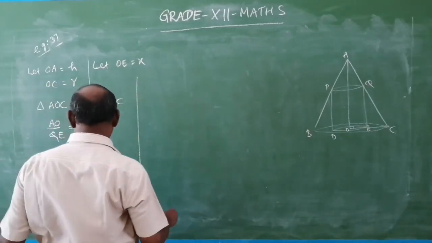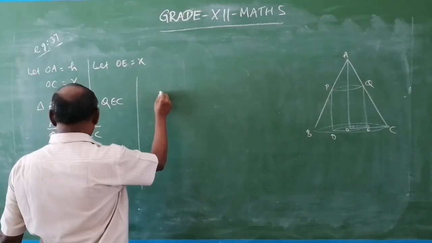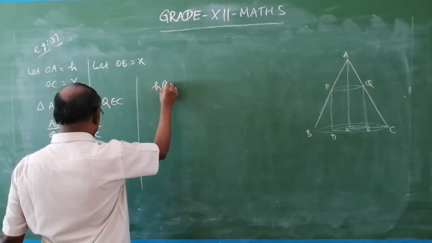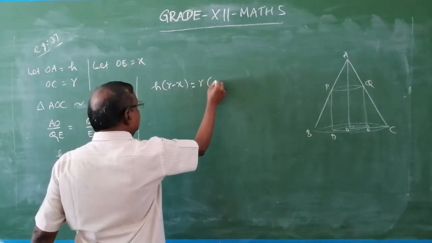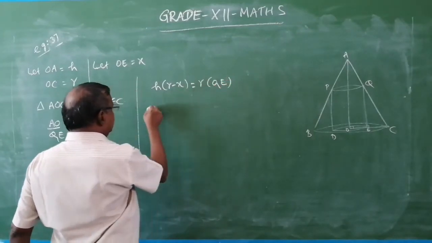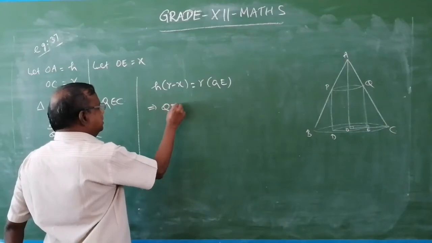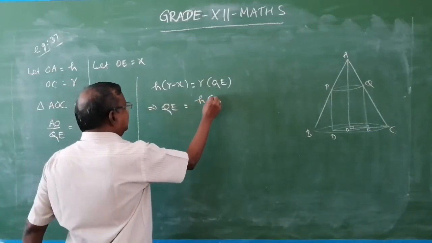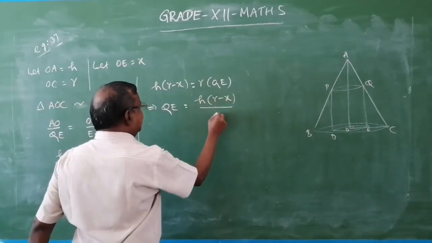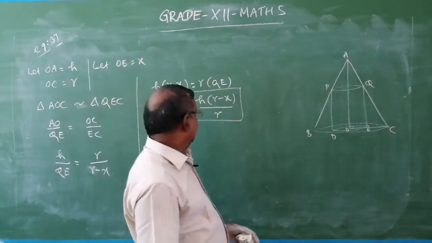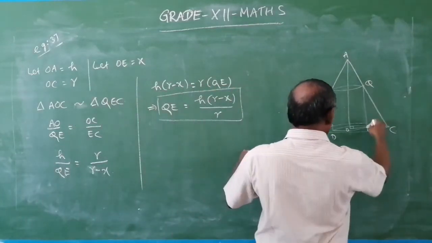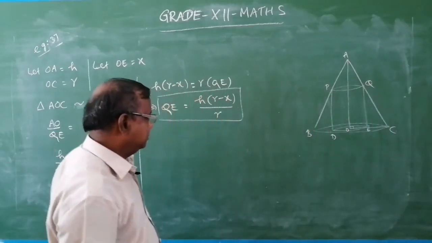Now, by cross multiplication, H into (R minus x) equal to R into QE. So, QE equal to H into (R minus x) divided by R. So, this QE is nothing but the height of the cylinder.